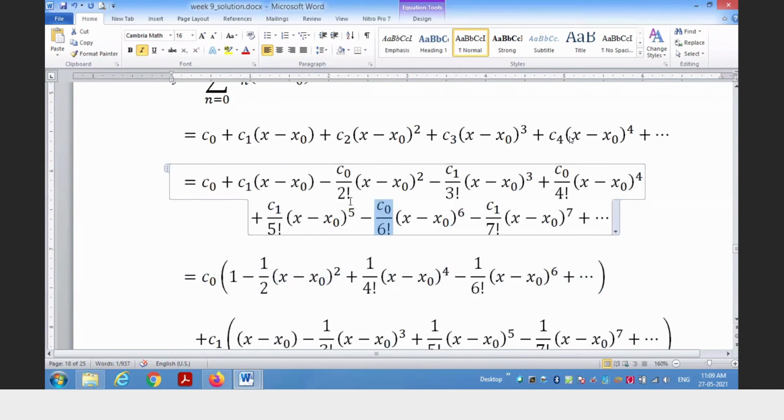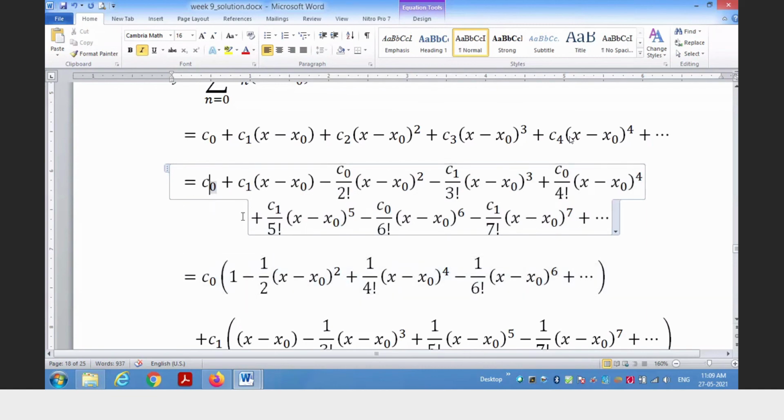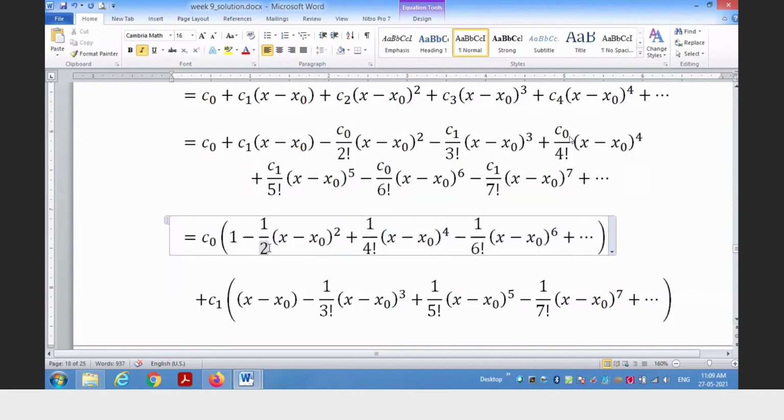Now you can divide this expression into two. First, the terms that depend on c naught, and the other terms that depend on c1. For c naught, the first term, third term, fifth term, seventh term, and so on: c naught times 1 gives you this one, and then minus 1 over 2 factorial, so equal to this.